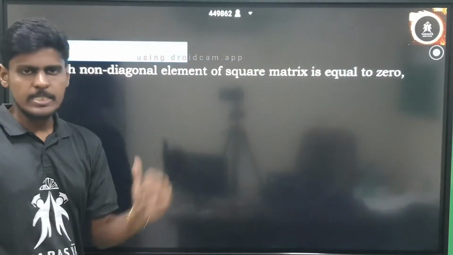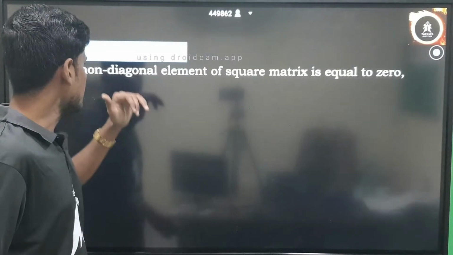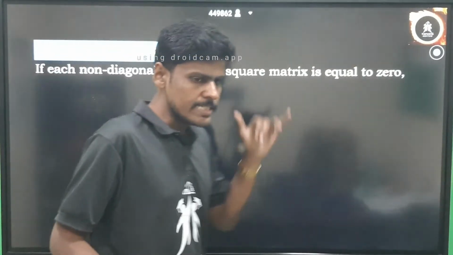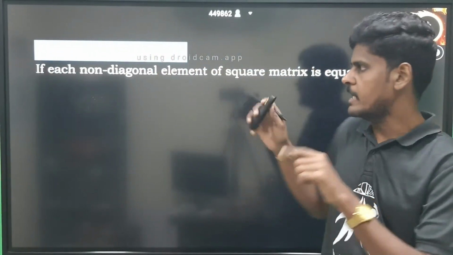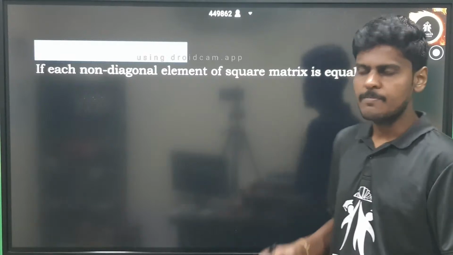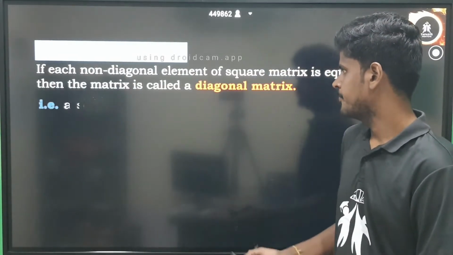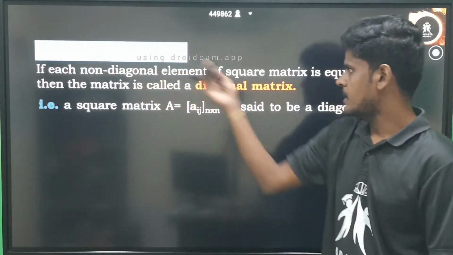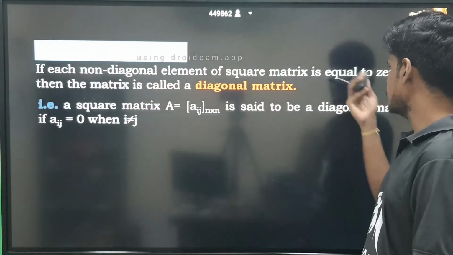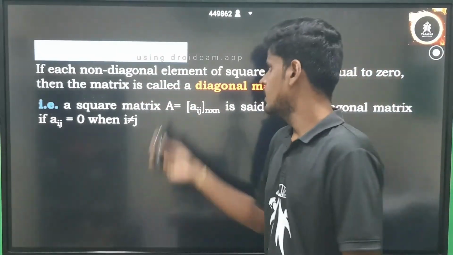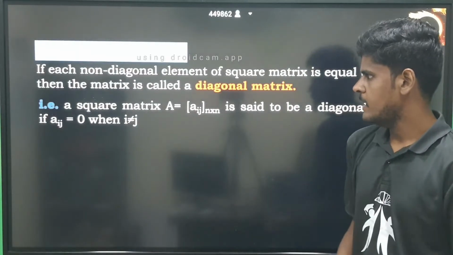Now we will discuss what is a diagonal matrix. A diagonal matrix is nothing but except the diagonal elements, all other elements become 0. That type of matrix is called a diagonal matrix. So if each non-diagonal element of a square matrix is equal to 0, such a matrix is called a diagonal matrix.